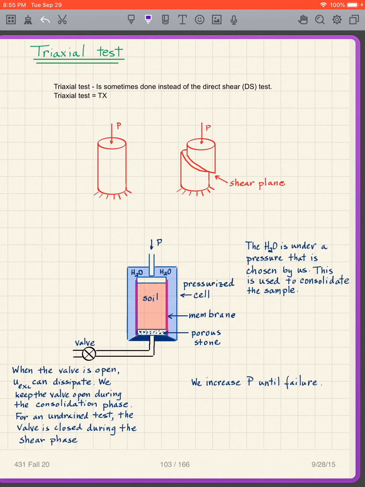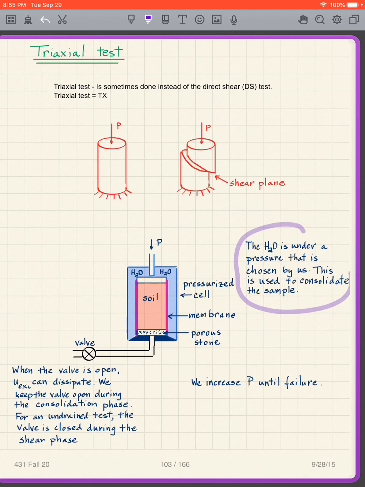Again, this is more of a schematic of what we have. We've got the pressurized cell, the membrane, the porous stone, this valve, and the load P, and that is approximately what the test looks like.